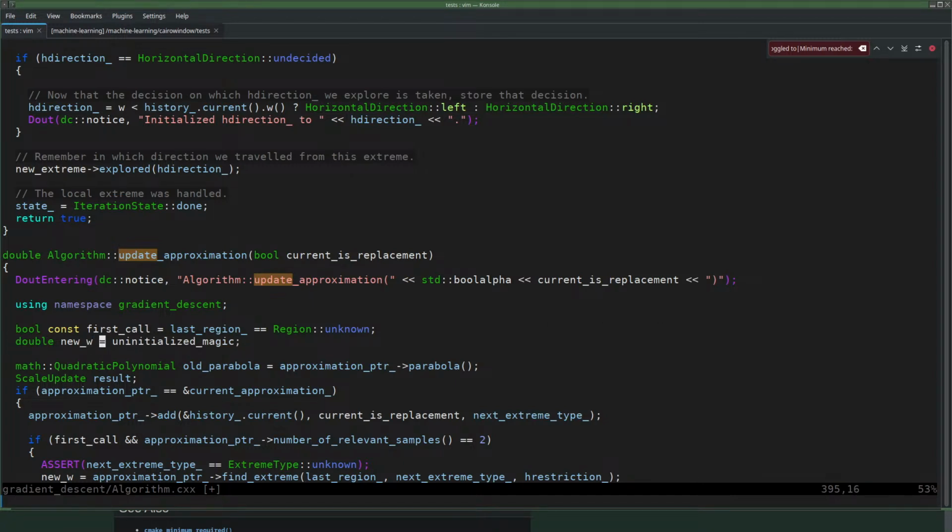And that's only really necessary then when debugging is on. So see, debug only. Oh, I see, magic doesn't exist.